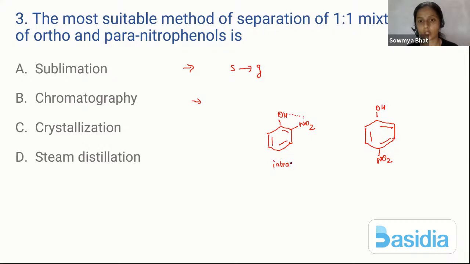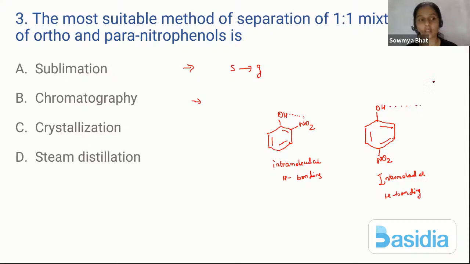So this is called intramolecular hydrogen bonding. Intra refers to hydrogen bonding inside the molecule. But if you take the next compound, the OH and the NO2 groups are far apart, so they can't form hydrogen bonding inside the same molecule, but it is going to form hydrogen bonding with the next molecule. So here you can observe intermolecular hydrogen bonding.